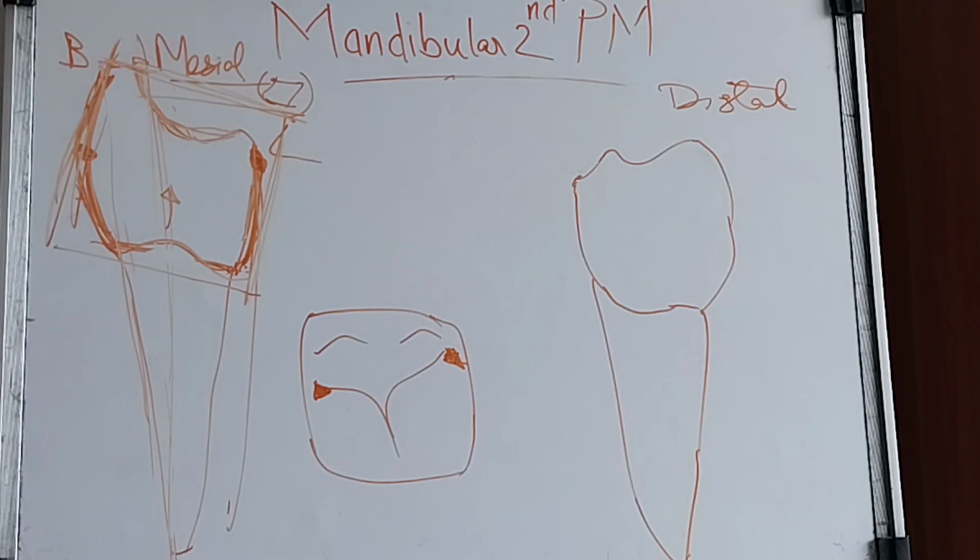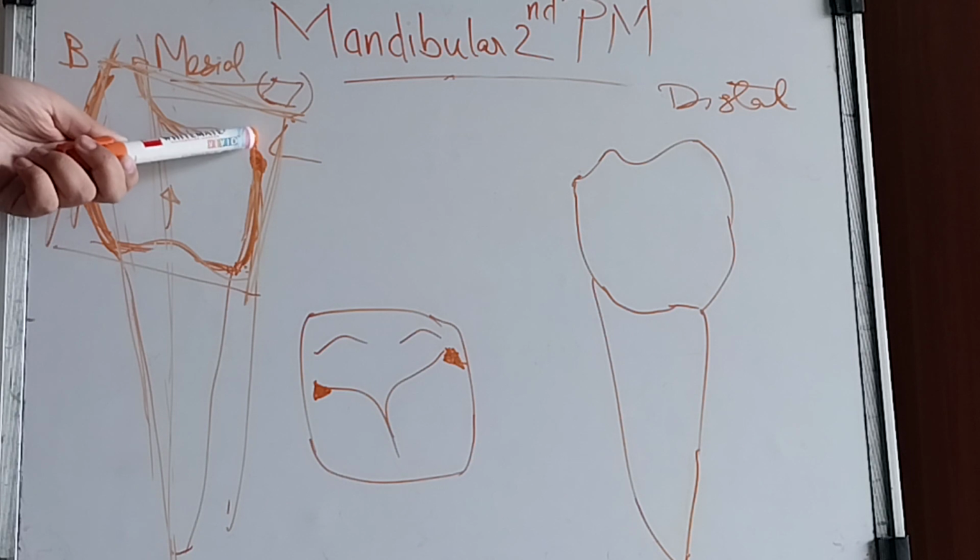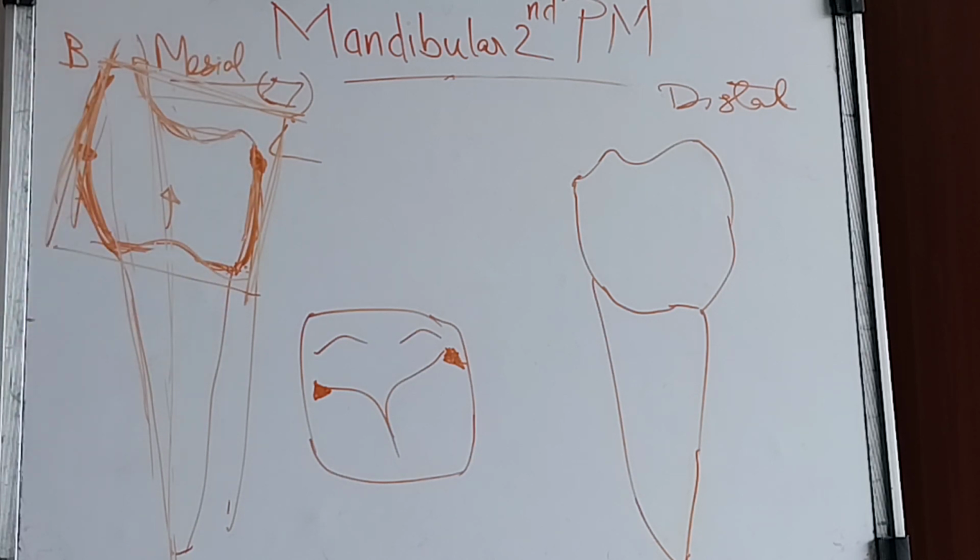And the buccal cusp is blunt, as I had already told. The cusps are not that sharp, they are blunt. And the lingual cusp tip is in line with the lingual outline of the root.